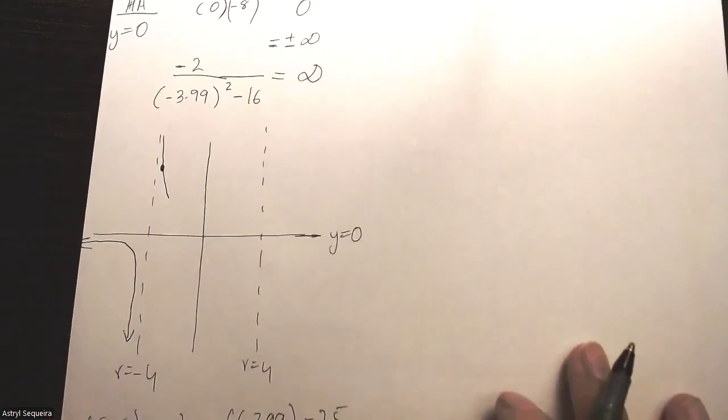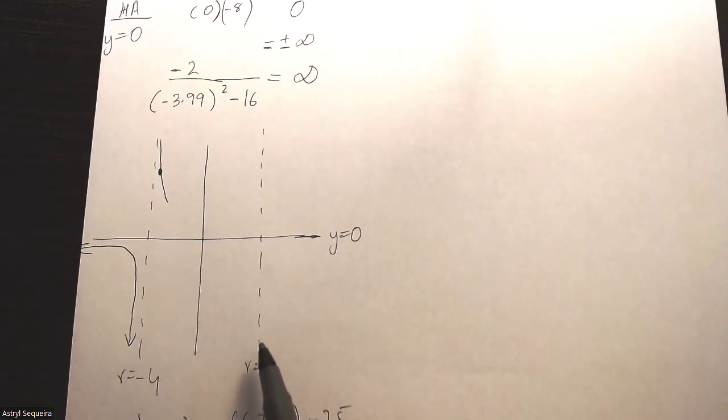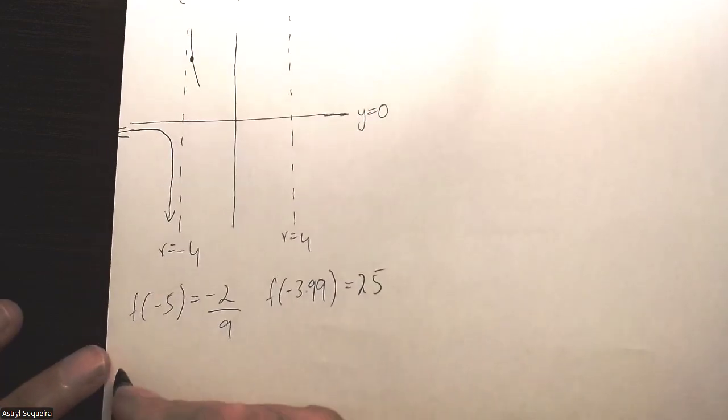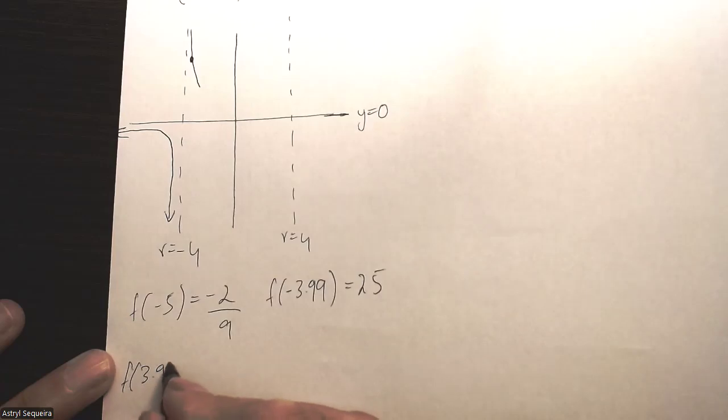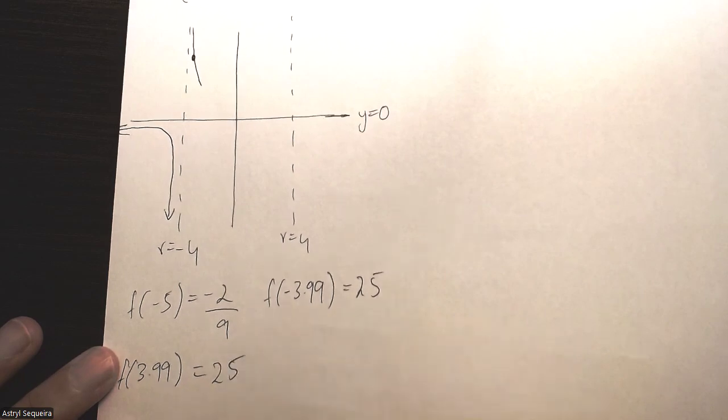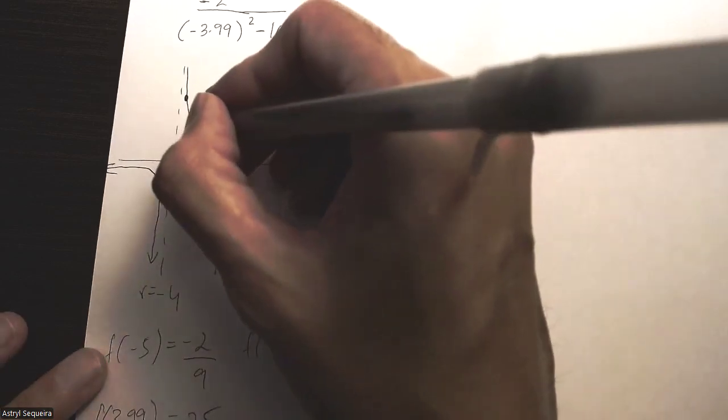Then I'm going to sub in a value slightly below 4, so I can sub in 3.99 for that one. And for that one, I get again 25 approximately. I'm just rounding it. It's 25.03.